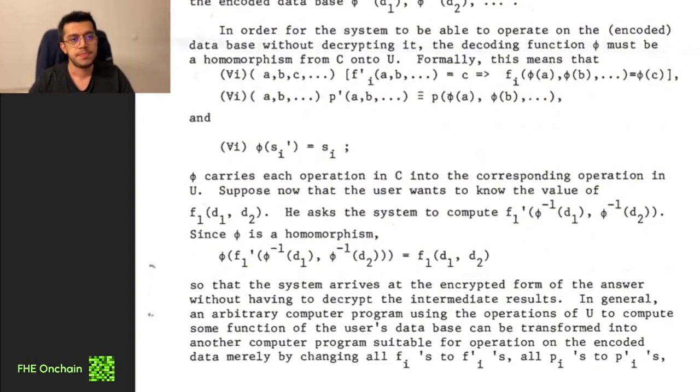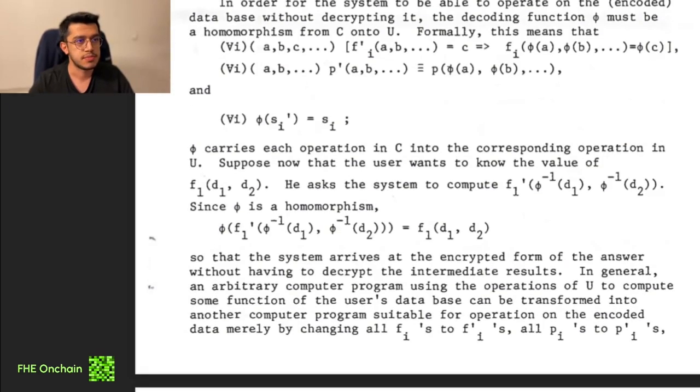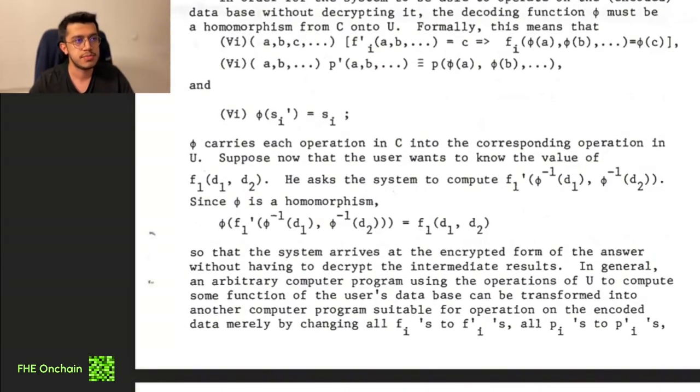Okay, so let's assume the user simply asks the system to compute, let's say, f1 prime of phi inverse d1. Phi was the decoding function, phi inverse was the encoding function.